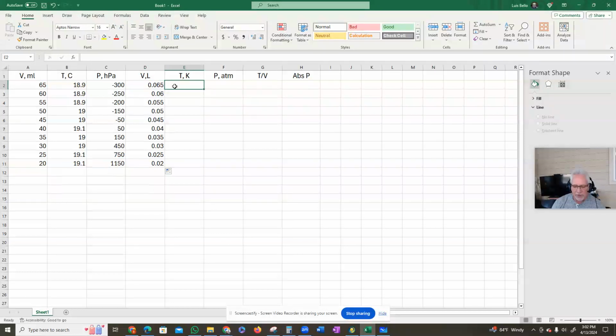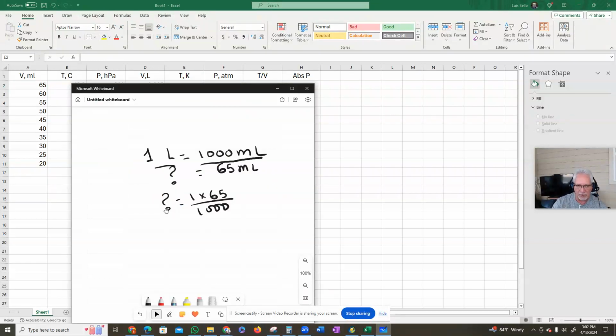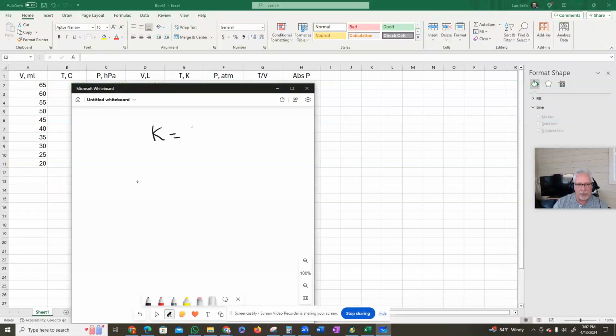The second one will be converting Celsius to Kelvin. And if you remember, the formula will be the following: Kelvin will be equal to Celsius degree plus 273.